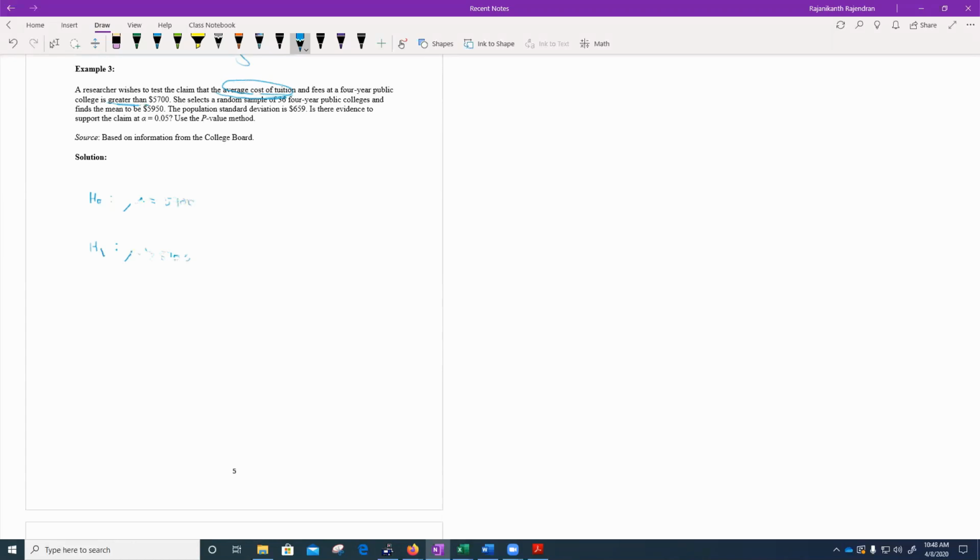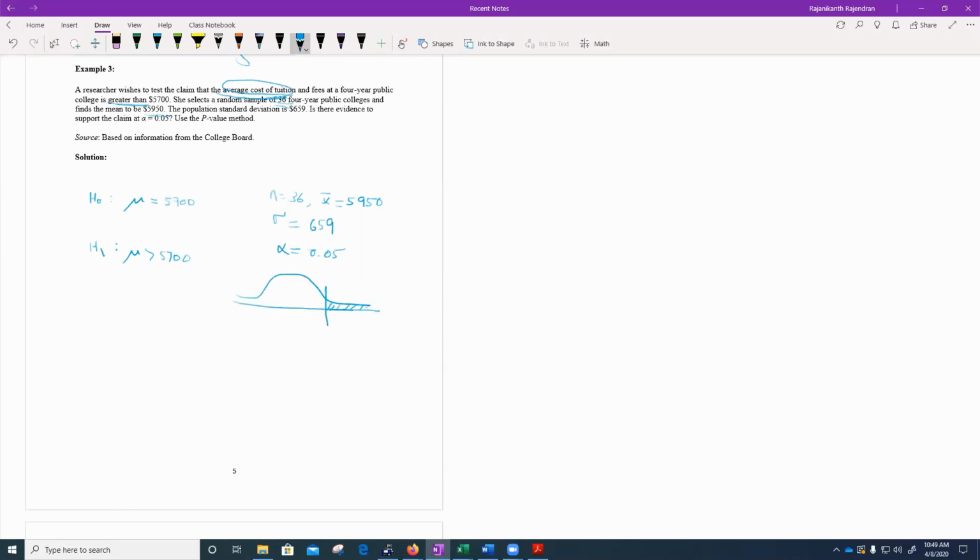And she had 36 in the sample. Therefore, X bar, the sample mean, is 5950. Standard deviation is 659. Alpha is 0.05. Remember now I have a greater than sign, therefore my hypothesis test is right tail.